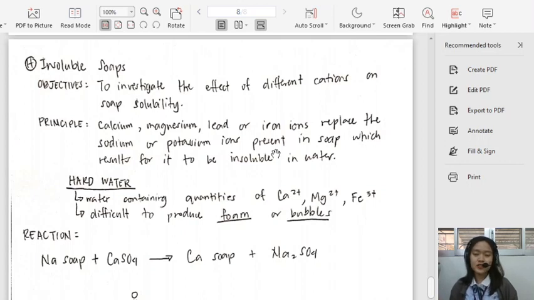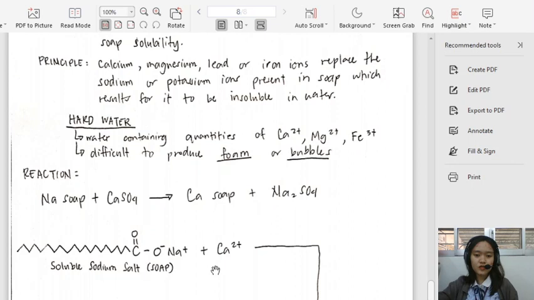Why? Because the structure of your soap has a negative charge and a positive charge at the head. So, they are soluble in water and at the same time, they are also soluble in oil. Like a double property, your soap.